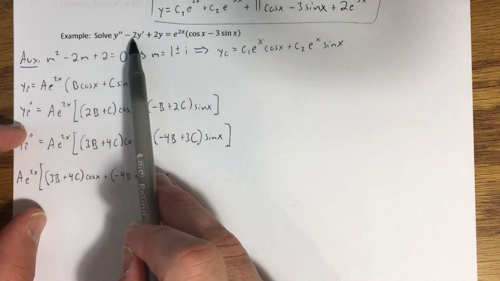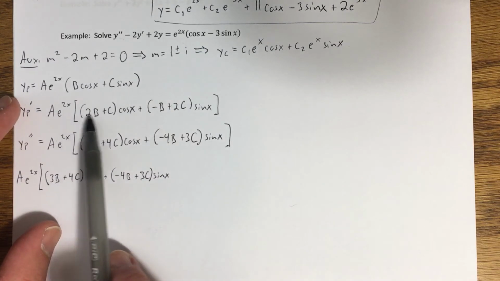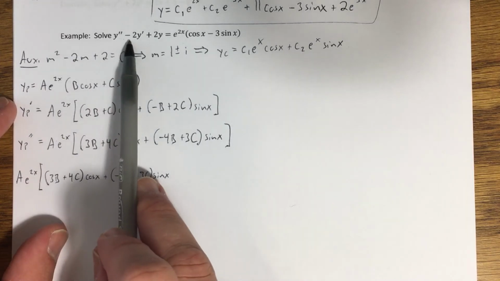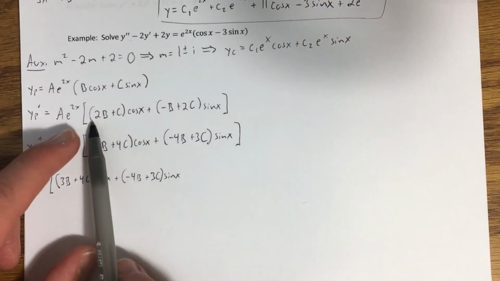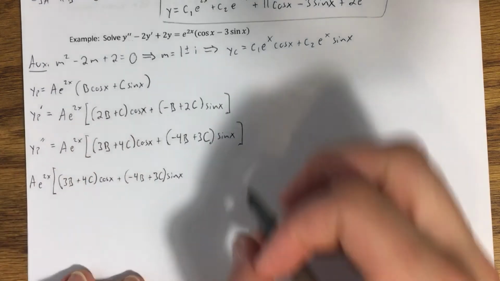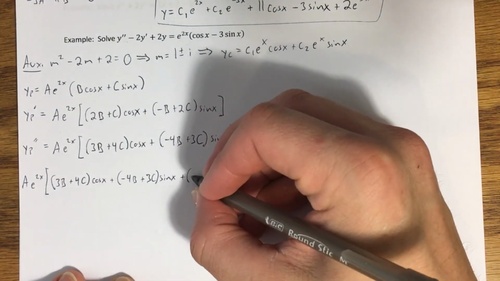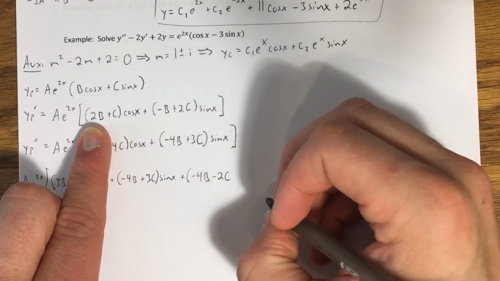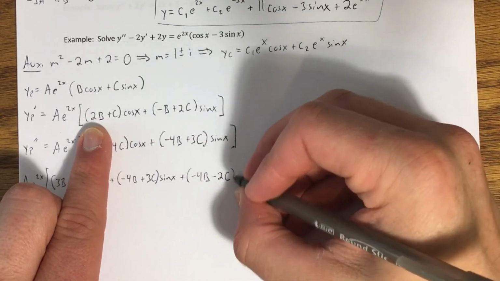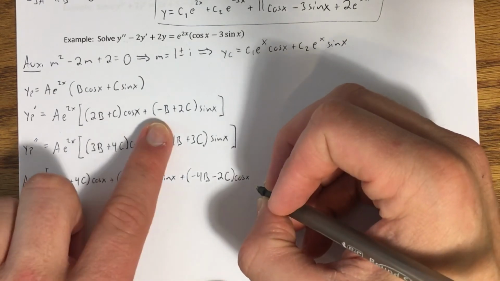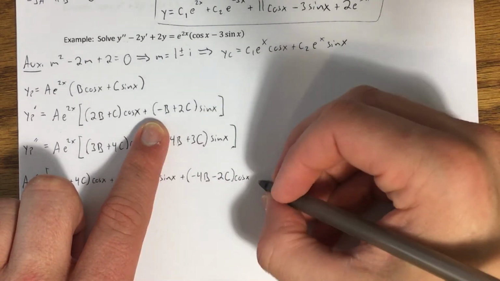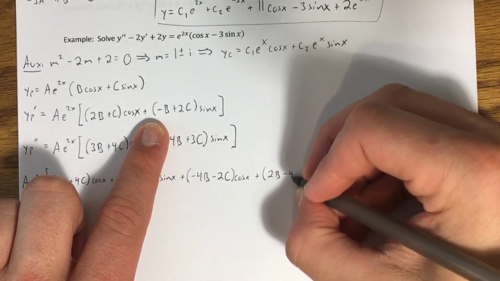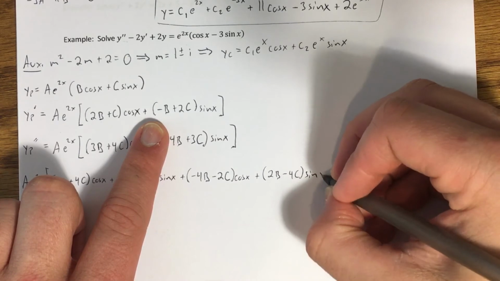That negative 2 is going to be multiplied into these square brackets here, because remember, we're taking the a e to the 2x out. If I multiply the negative 2 in, I'm going to go a little bit further and bring it into each of these smaller sets of parentheses here. So now I'm going to have negative 4b minus 2c. See how that works? Cosine of x. And then again, multiply a negative 2 into here. That's going to be plus 2b minus 4c sine of x.